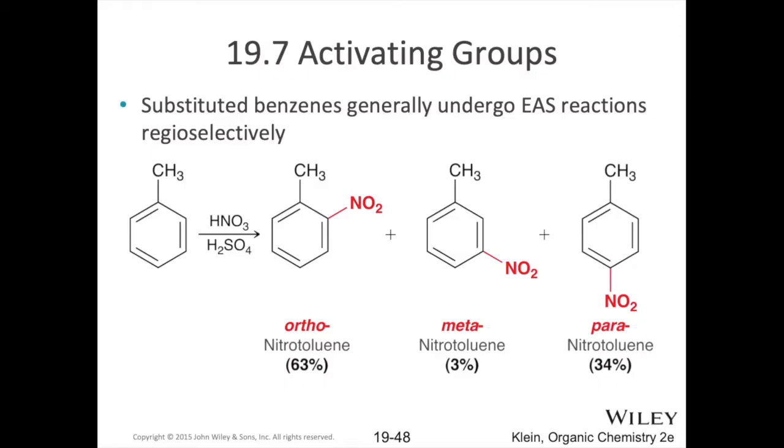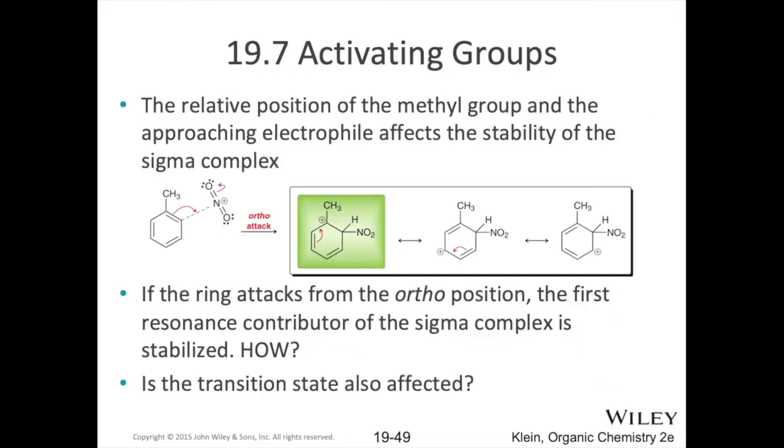Now, if we do a nitration reaction, where's that nitro group going to show up on our benzene ring? Is it going to be at the ortho position, the meta position, or the para position? Well, it turns out that it selectively prefers the ortho and para positions, but not the meta position, right? And why is that? Okay. Well, to understand this, we've got to look back at that sigma complex and also look at the resonance structures associated with it.